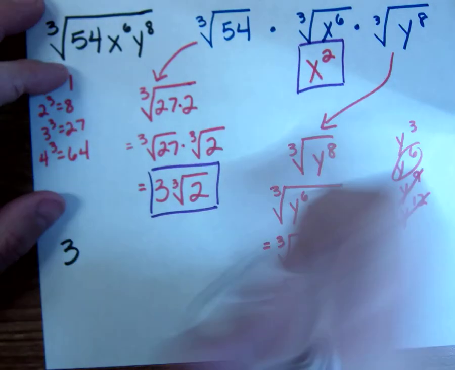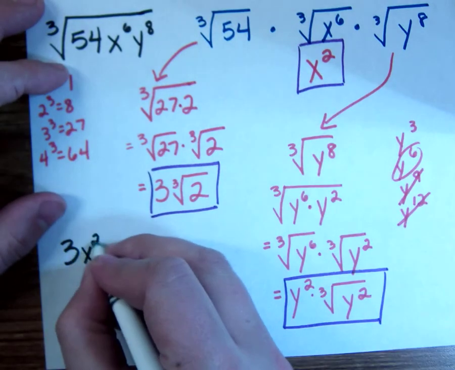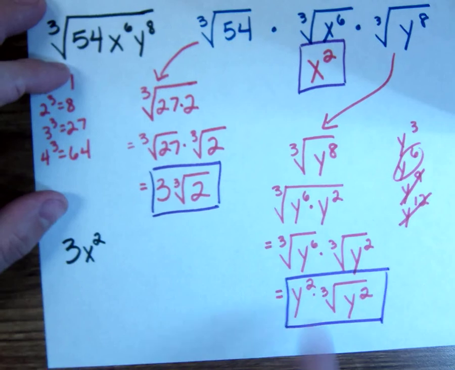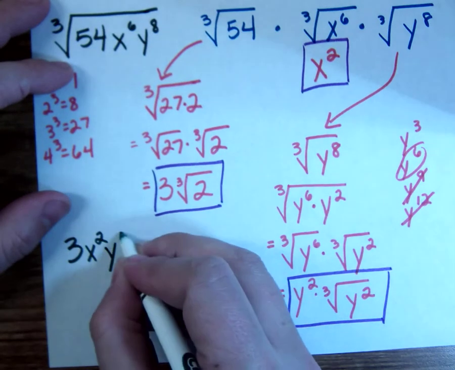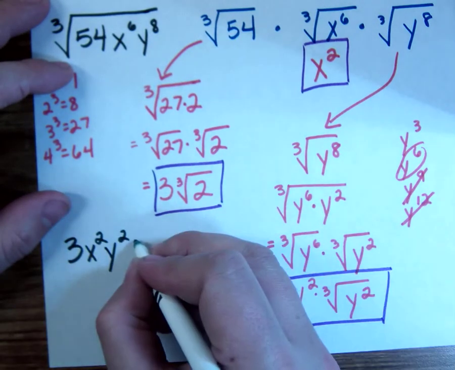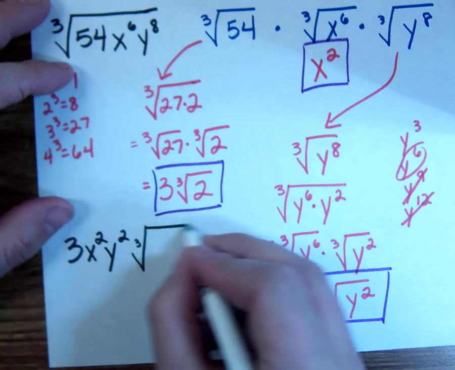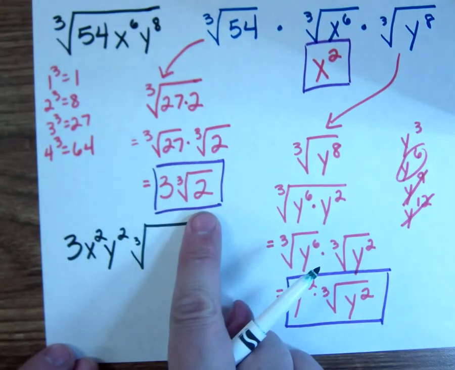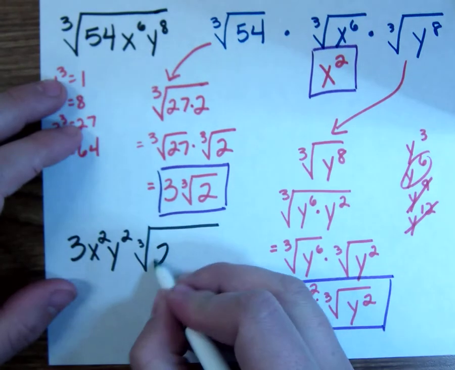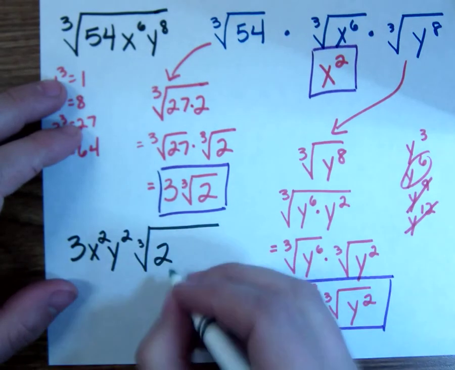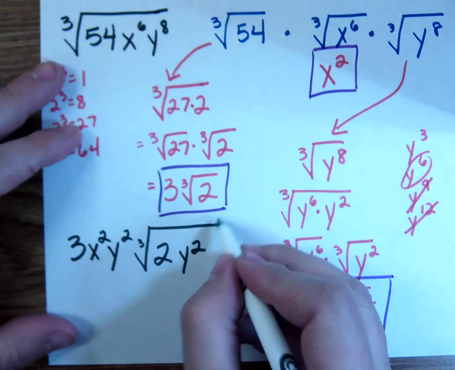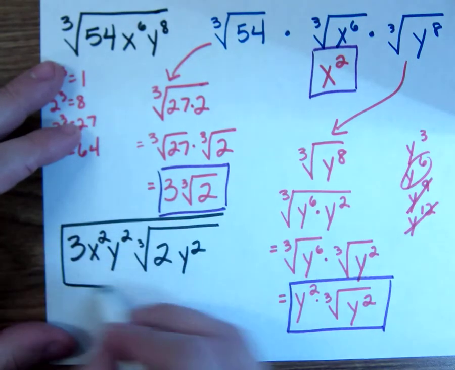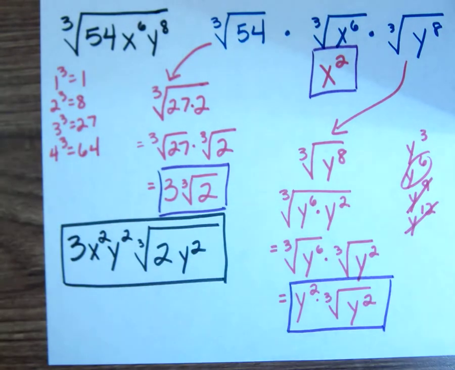The x squared is not. And the y squared is not. Then I'll do my cube root. What is inside the cube root? That too, and that y squared. And this is the answer.